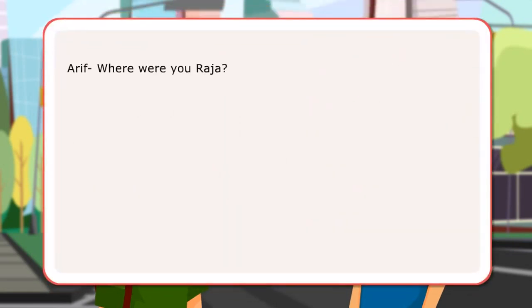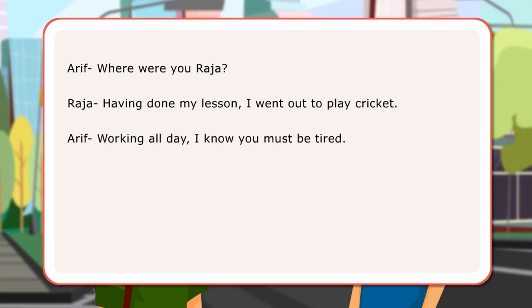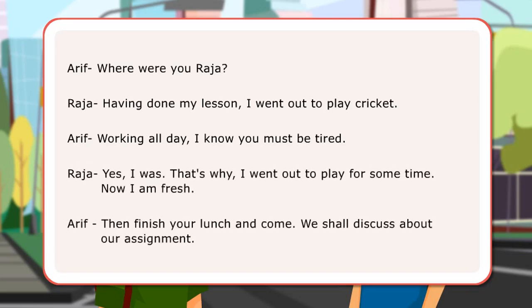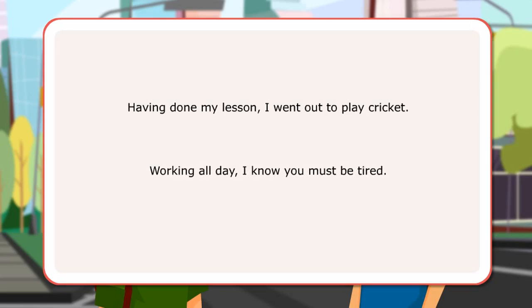In the conversation, we come across participles which fully play the role of an adverb. Here are the sentences. Having done my lesson, I went out to play cricket. Working all day, I know you must be tired. In the first sentence, the perfect participle is used to denote that one action was before another action.